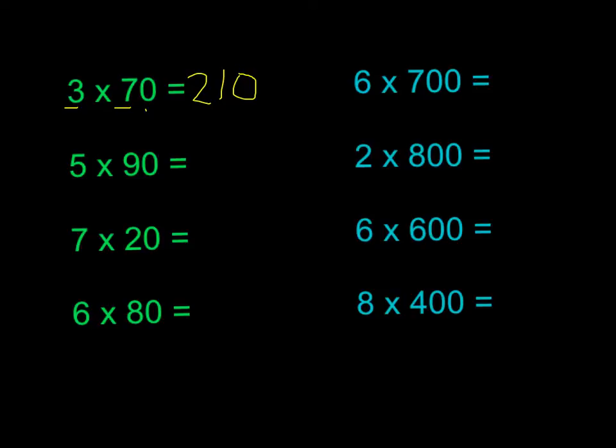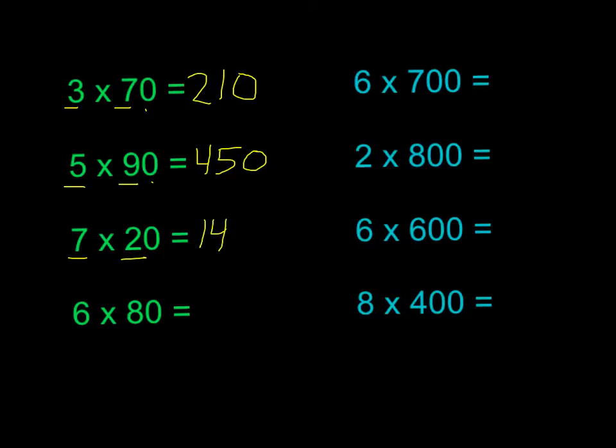We'll go down to the next one. 5 and 9. 5 times 9 I know is 45. And then I have a 0, so I'm going to add a 0 there. So 5 times 90 is 450. Same thing here: 7 times 2 is going to be 14.